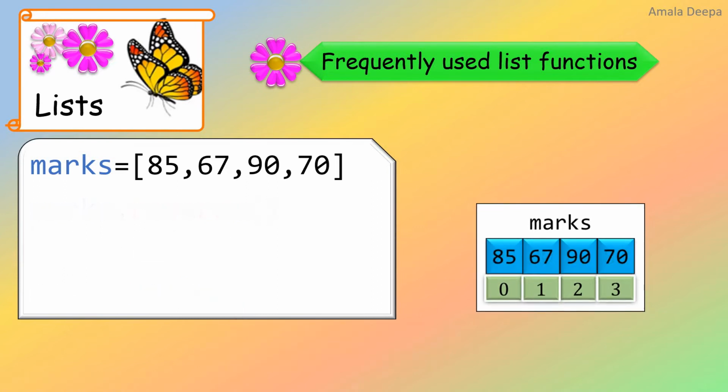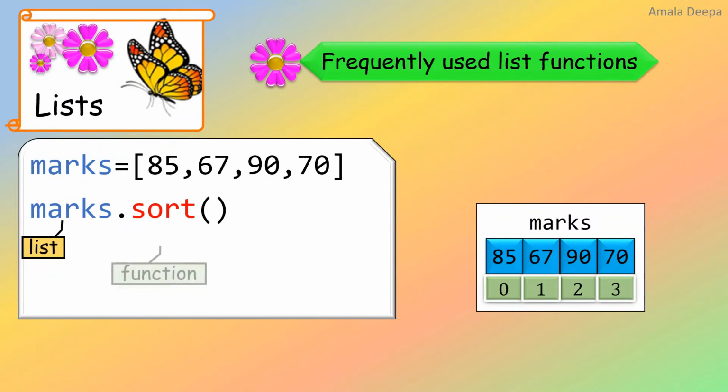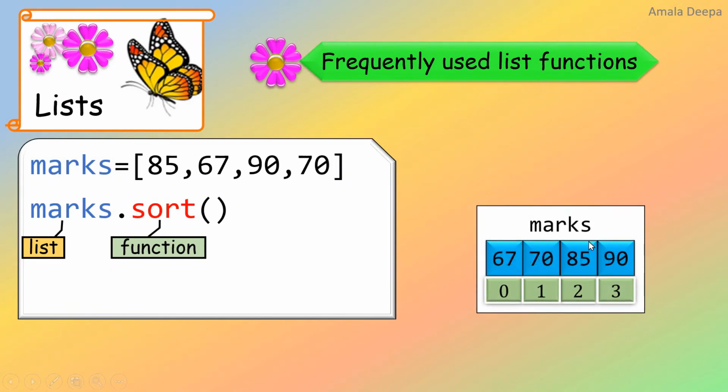The next function is the sort function. marks.sort(). Marks is the name of the list object, sort is the function. Sort means arrange. So look at the array. After applying the sort function, the list object marks contains elements in order.